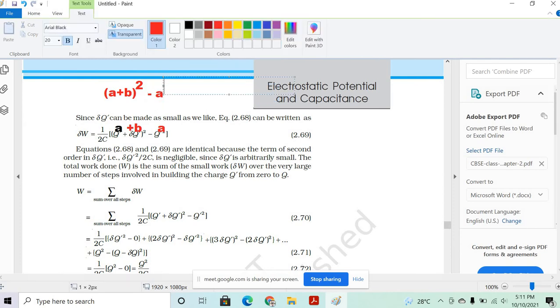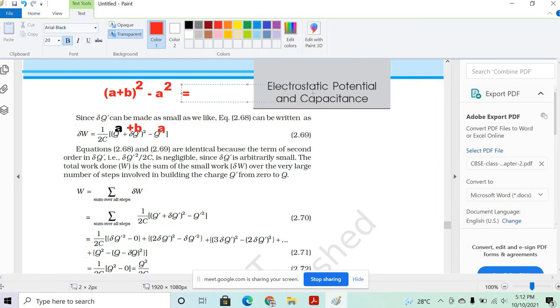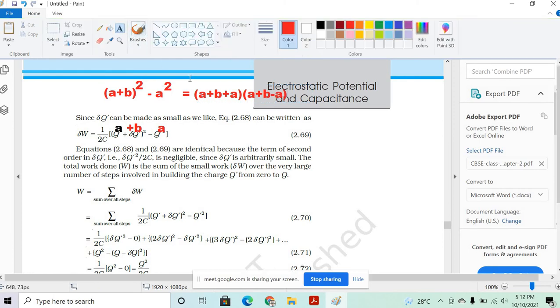Yes, sir. So apply the a square minus b square formula. So what we'll get now is a plus b plus a into a plus b minus a. Correct? Yes, sir. So a cancelled here.